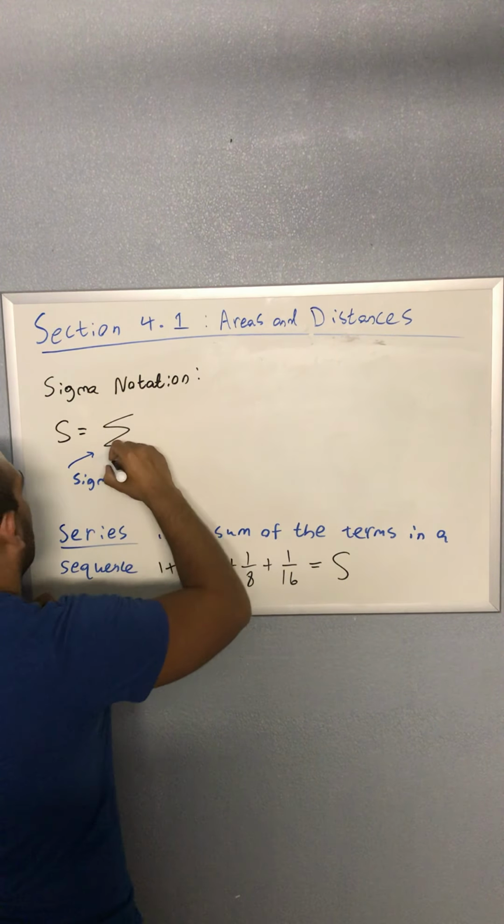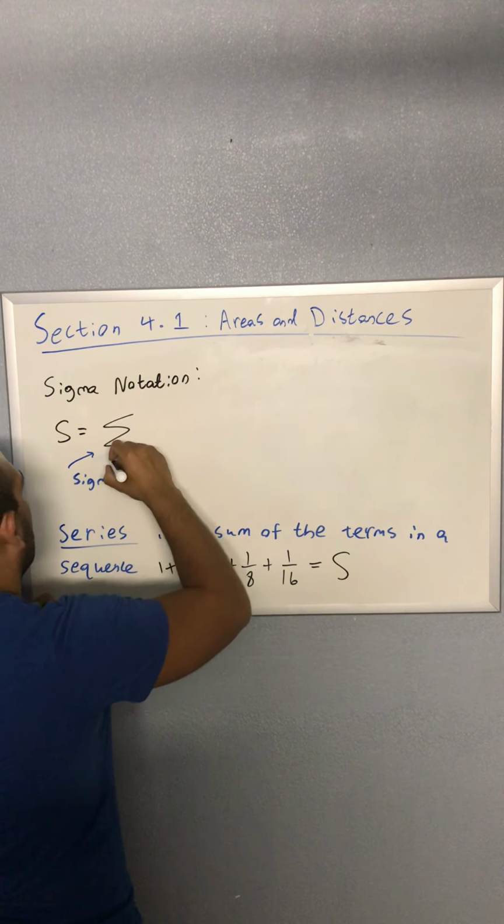So what does this mean? So i equals 0 down here, and then 4 up there. And then I'm going to write 1/2 to the i. This means the same thing as all of this.